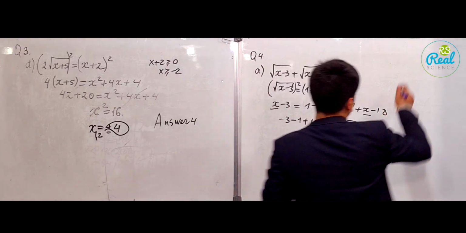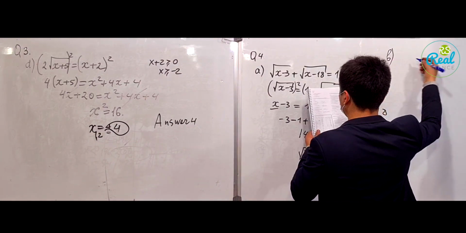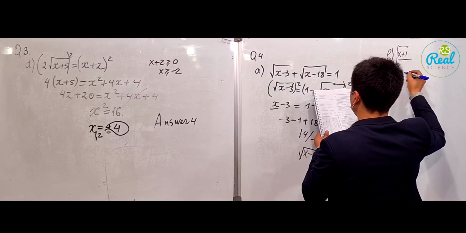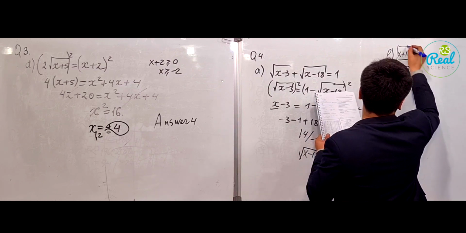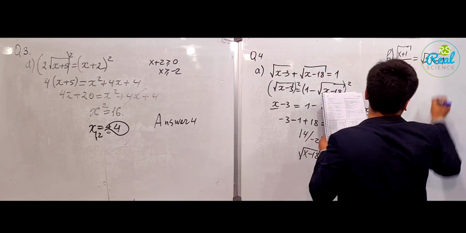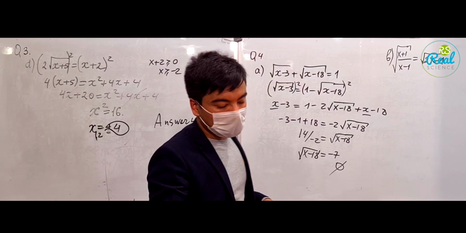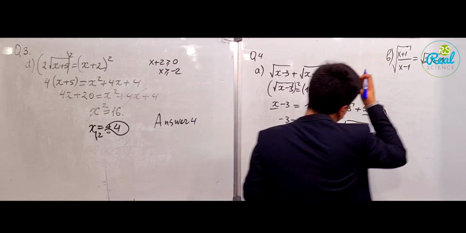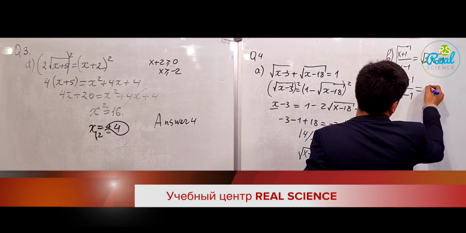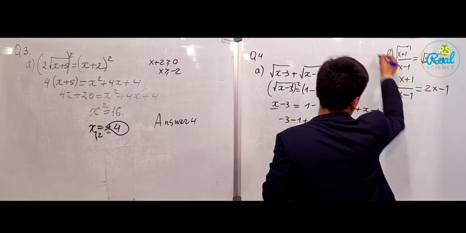Now B1. So to solve this, we may skip the root, yeah? We may skip because the indexes of the roots are the same, yeah? Am I right, students?